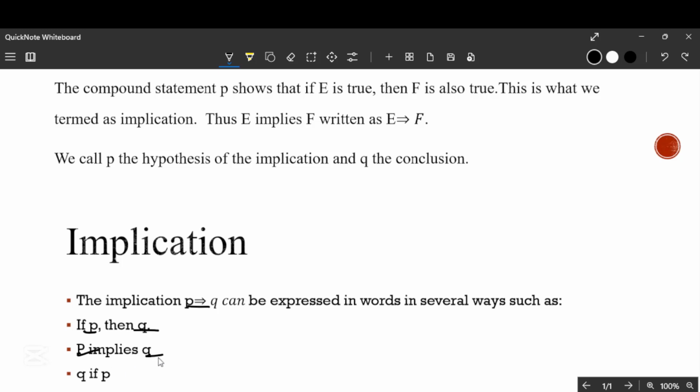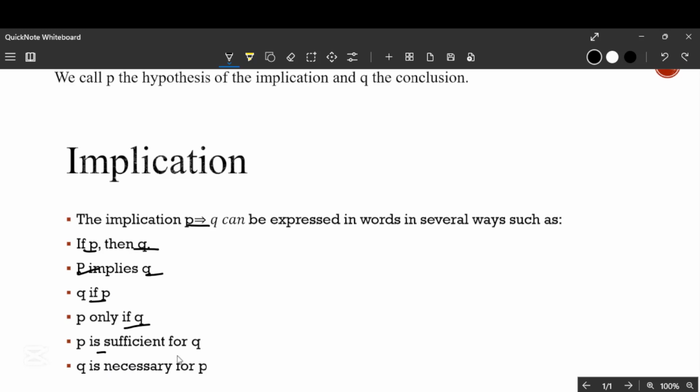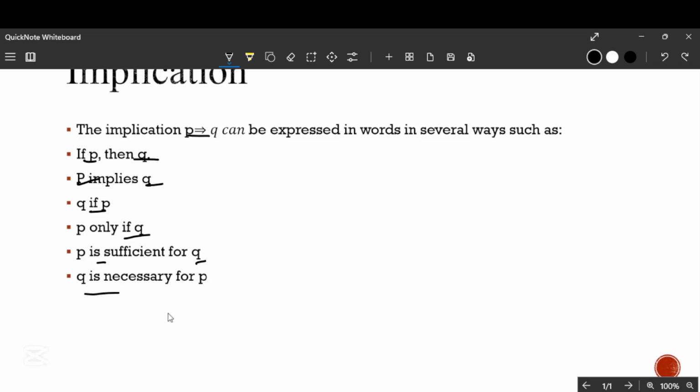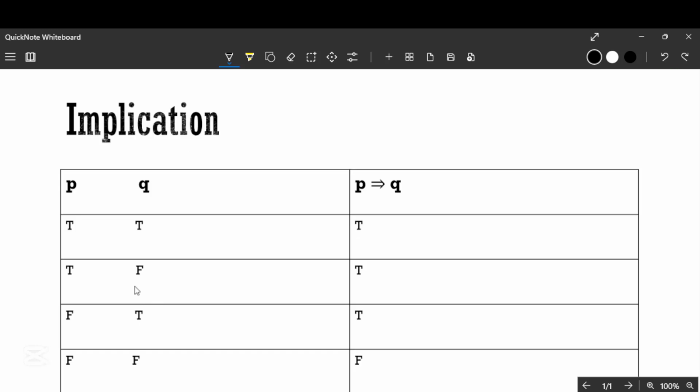P implies Q. Q if P. P only if Q. P is sufficient for Q. Q is necessary for P. These are some words that we use for implication. Now let's look at the truth table for implication. True, true, true.